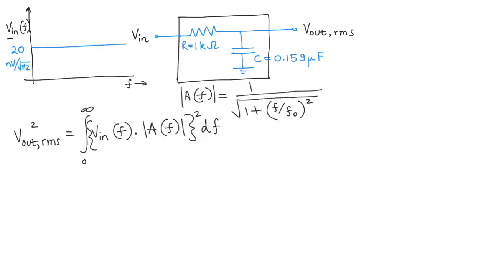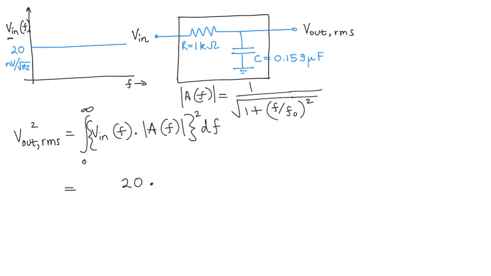Okay, so let's do this integration and see what we get. Okay, so what is V in of f? It's basically 20 nanovolts per root hertz, right? So you can write it 20, and that's all there is, right? And then mod AF is basically given by the equation here.